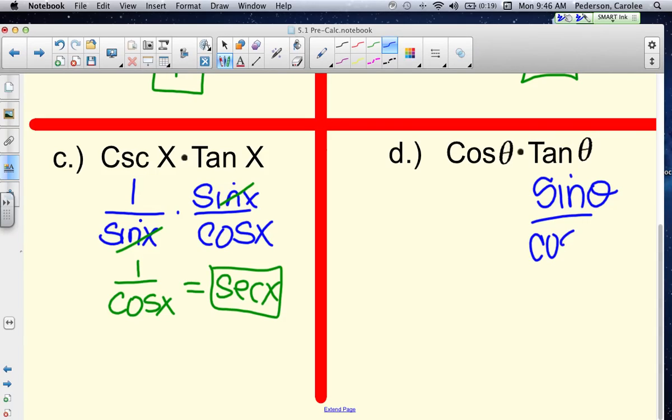Quotient identity. How does that benefit me? Cosines cancel out. So our final answer then is sine of theta.